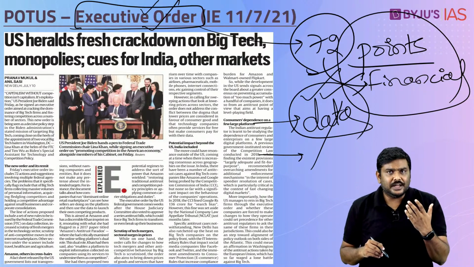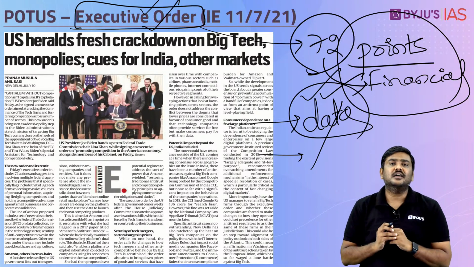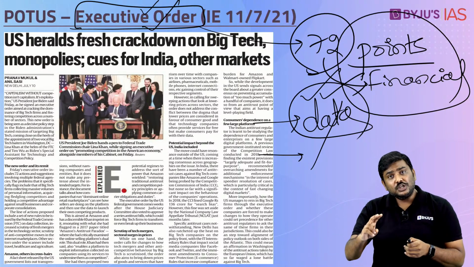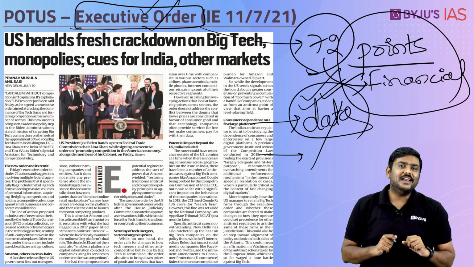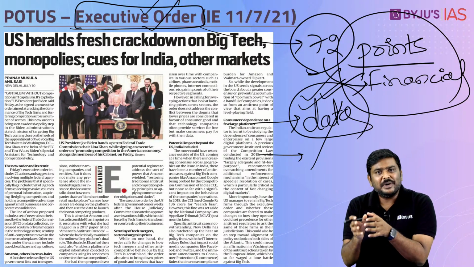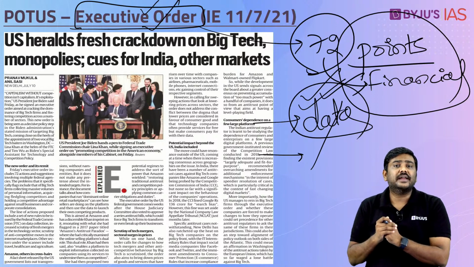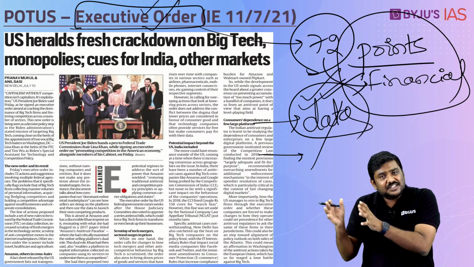Now, what is the solution then? The order also mentions what shall be done in this regard. For example, it says the federal agencies will now be issuing new orders with respect to the data collection done by these entities. Second, if there is antitrust or anti-competitive behavior by these companies in the market, there will be close scrutiny by these agencies.